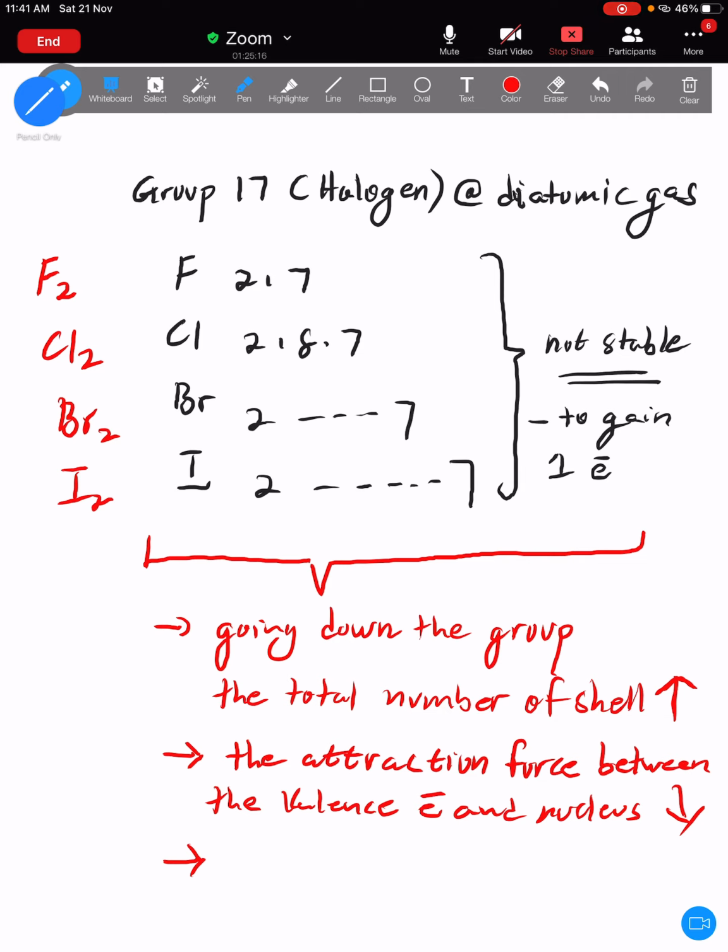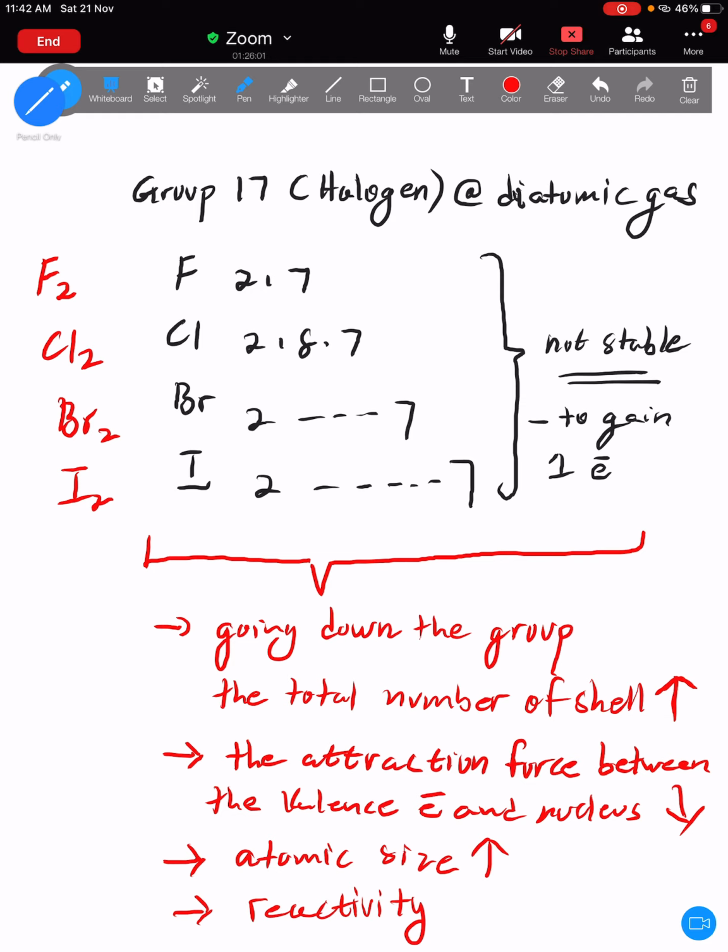Since the atomic size is getting bigger, the atomic radius increases, it makes group 17 elements more difficult to gain electron because the attraction force becomes weaker. Therefore, the reactivity of group 17 decreases as going down the group. Nampak tak? Dia terbalik dengan yang asal. Dia terbalik dengan group 1. As going down the group, it decreases.